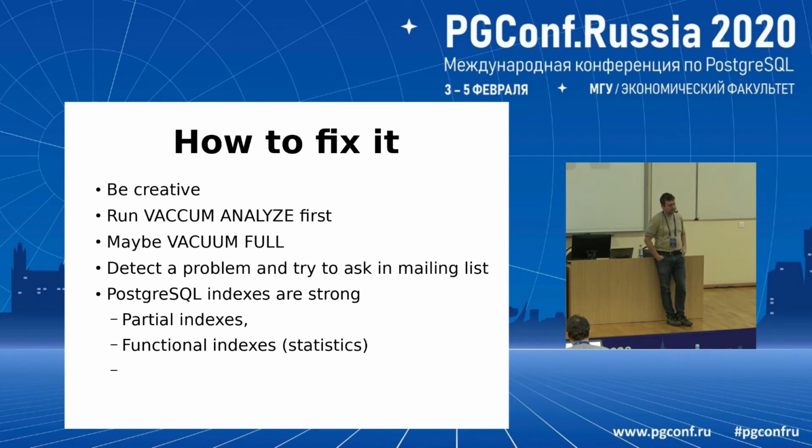For example, in Moscow is Postgres Pro, and Oleg Bartunov and other people who know Postgres very well, and I'm sure they help a lot. And there is a mailing list with a lot of people who have experience with migrations. But I will continue. So first you have to be creative.